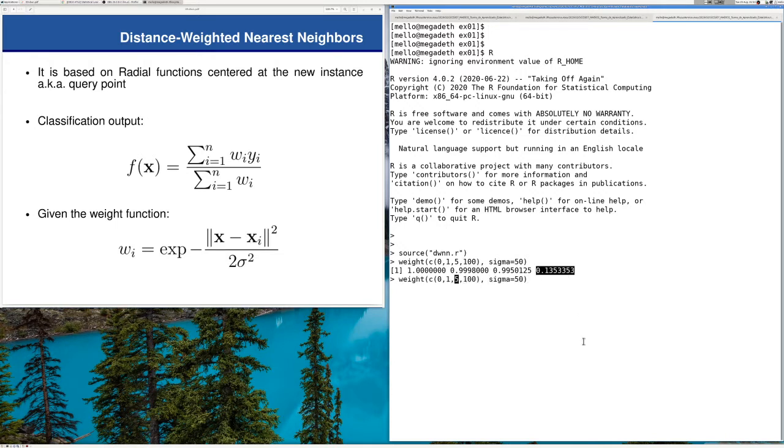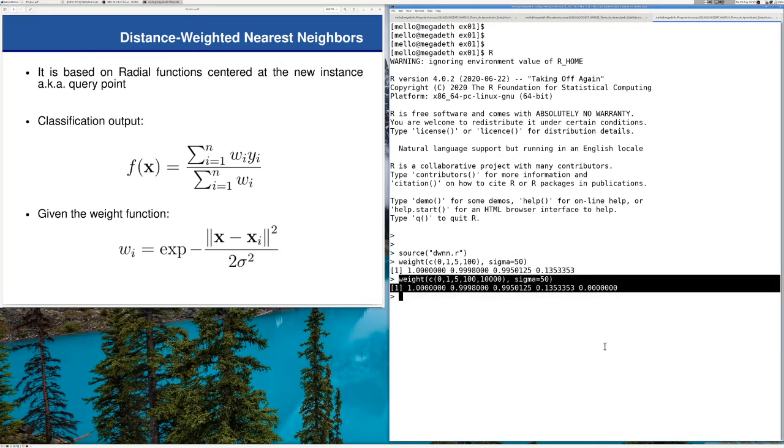If I come up with a point which is really far, that particular point will have a weight or a relevance equal to 0 in my classification.